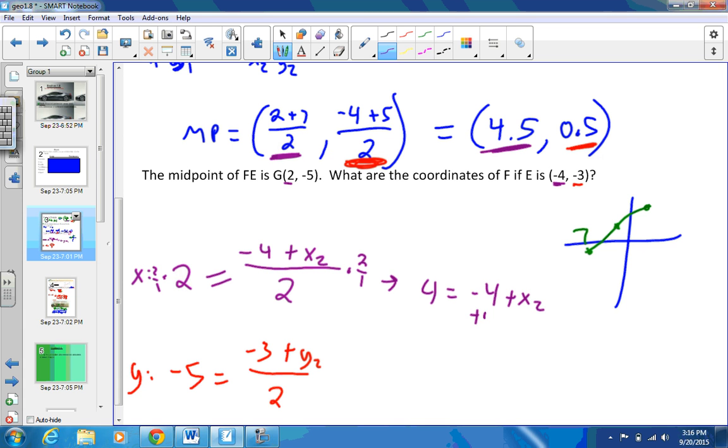And when you add 4 to both sides, you end up with 8 equals x2. So our original x value for the coordinates of F, I'll put that up here, is going to be 8. And we'll still figure out that other one yet. So in the red here, we're going to multiply both sides by 2 again, 2 over 1, to get rid of that fraction portion.